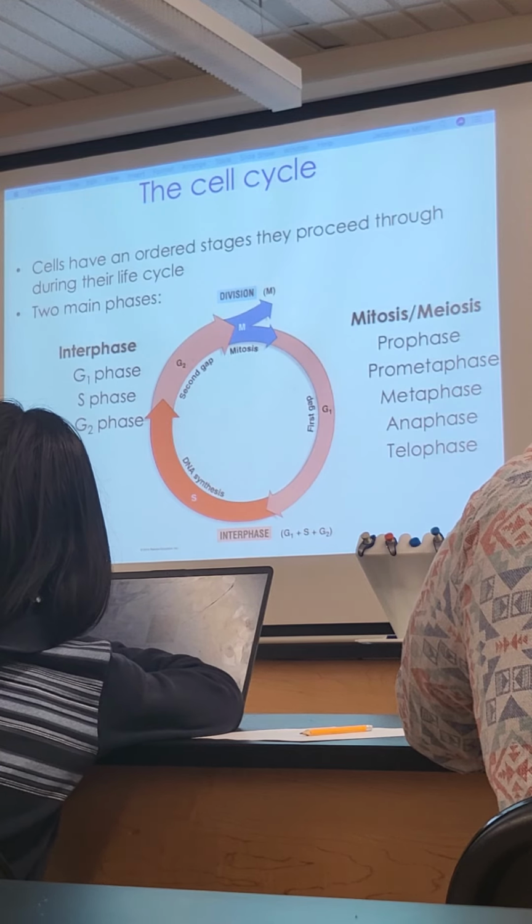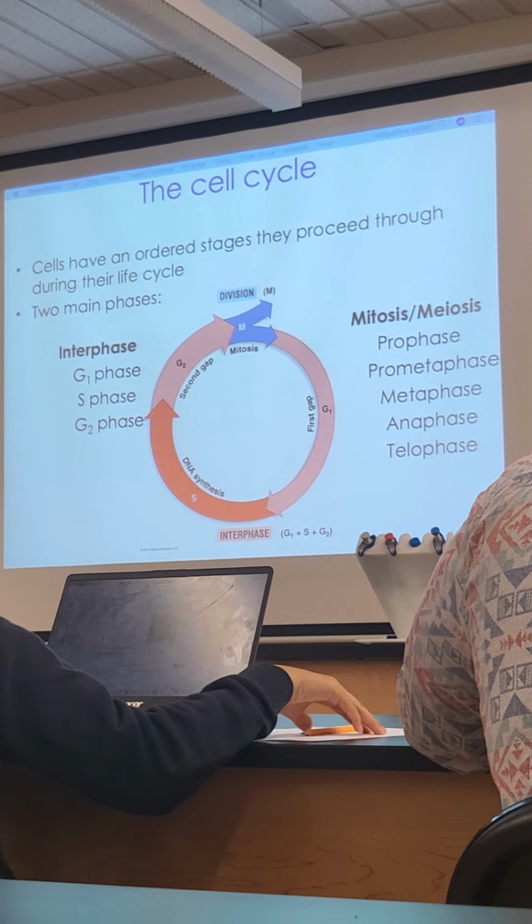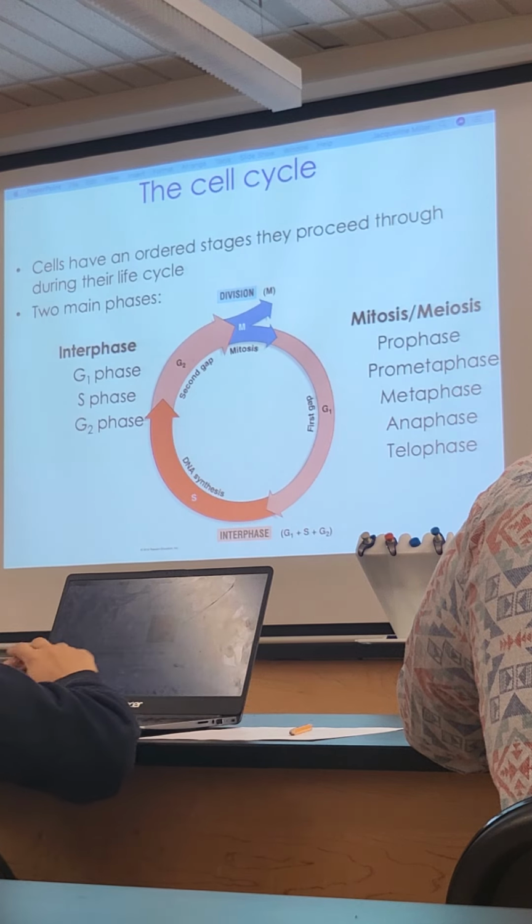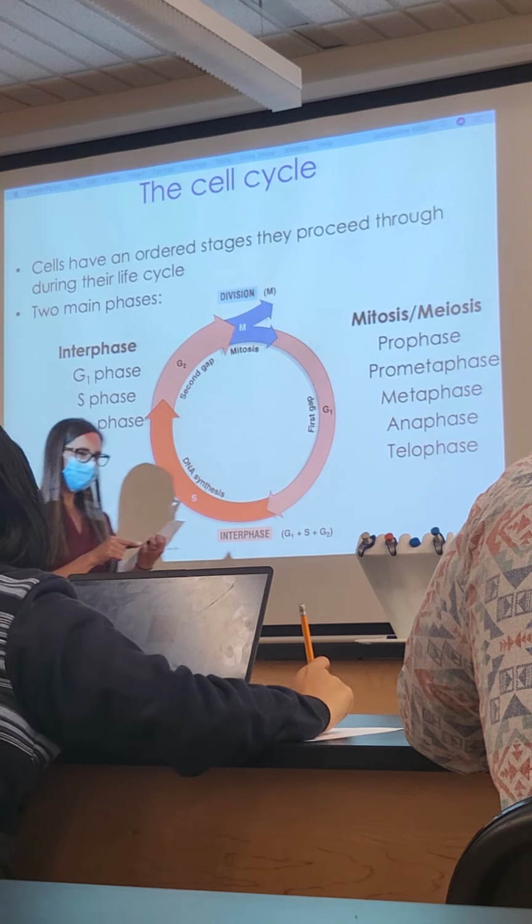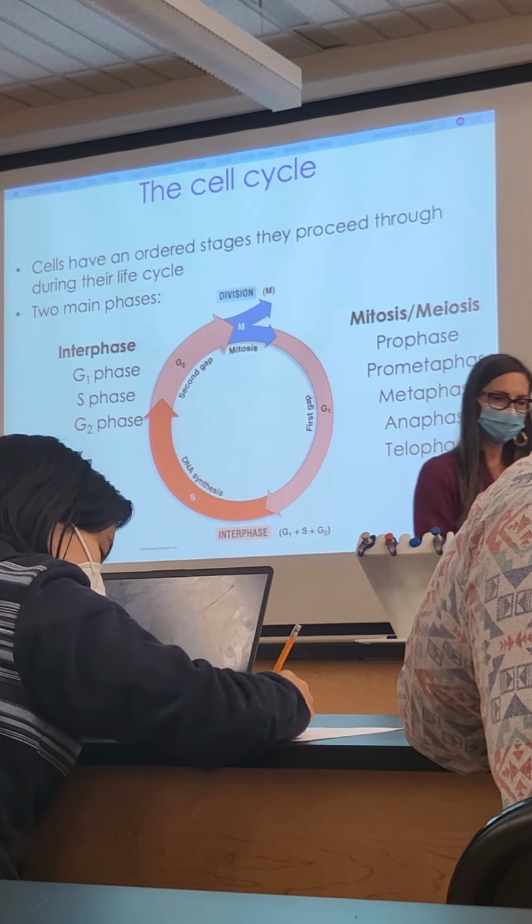There's only 1. Okay, so let's take a few minutes and try to draw this cell, but show what happens with the DNA. And if you can remember, when the centrosomes get duplicated.